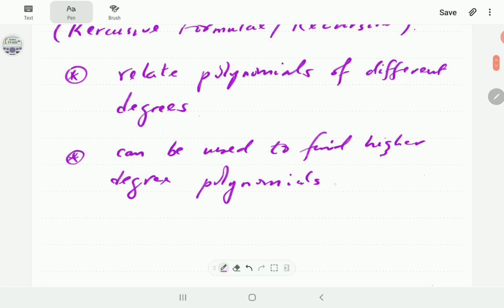So instead of say using the generating function repeatedly to go maybe to degree 4, since we say for instance we have P2, then we can use these to find P3, etc. All right.